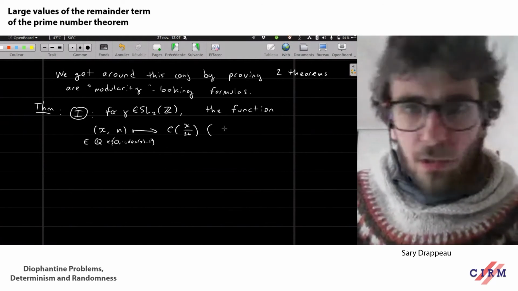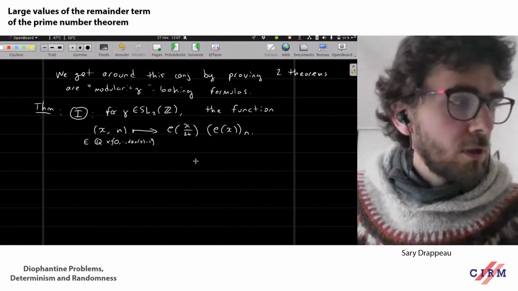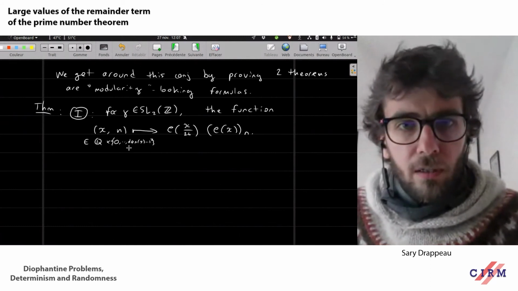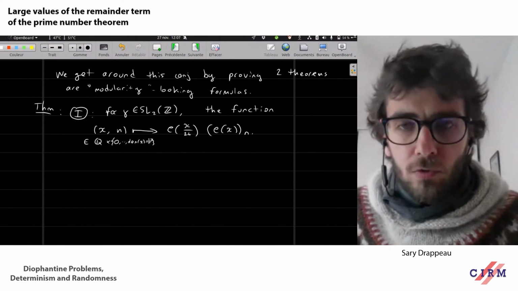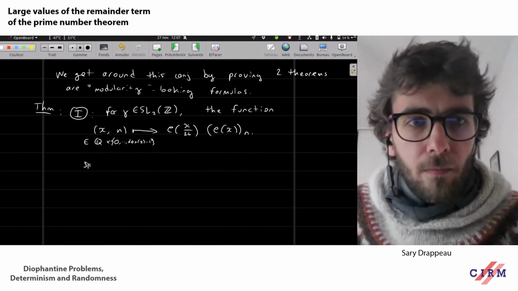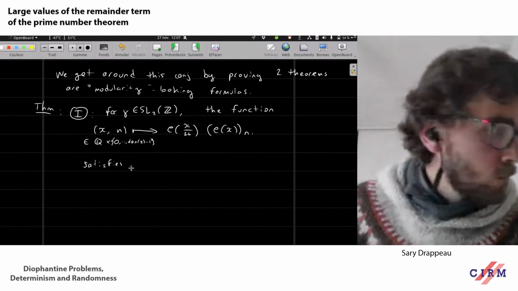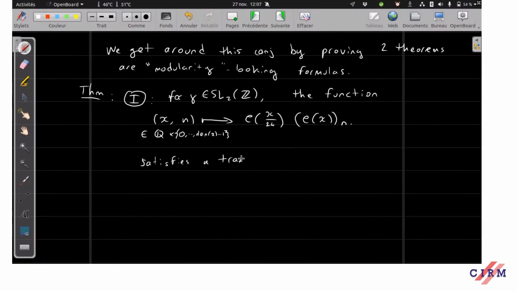So this function, which is interesting for this value, x is rational and n varies between 0 and the denominator of x minus 1, satisfies a transformation formula which, okay, maybe I can show it to you if you want, but it will take some time, so I will concentrate first on this informal description.